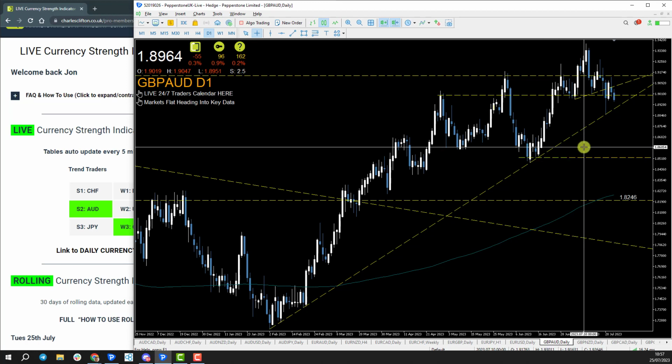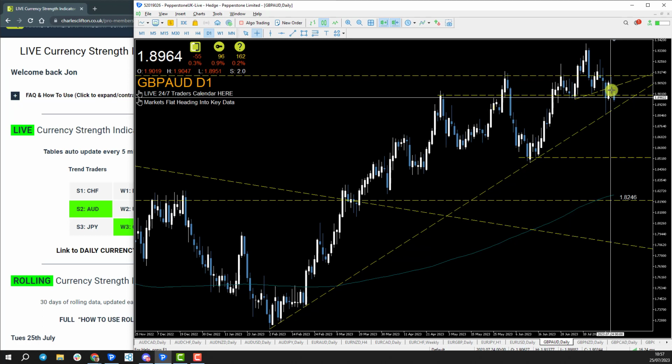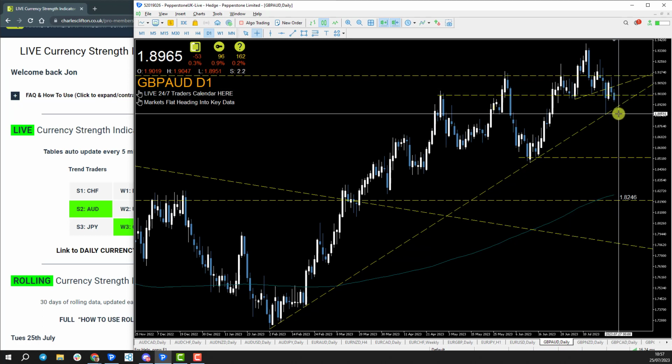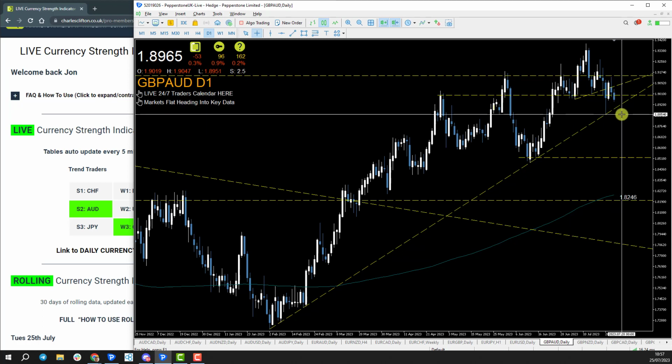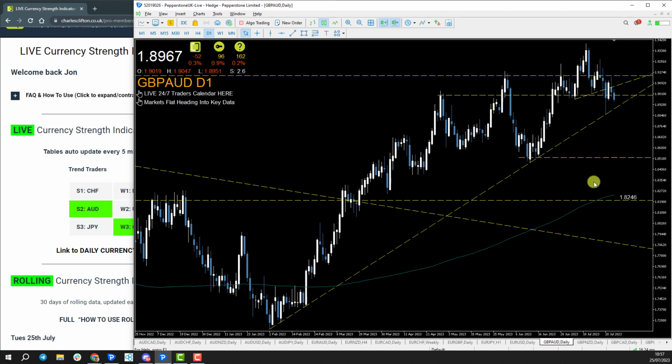My current target is 1.86, so we'll see how this one plays out, because we do have this important low coming up at the 1.8850. I'd like to see price trade through that and continue to the downside, maybe even focus on that 200 moving average down below. So I just wanted to throw that one into the video there.